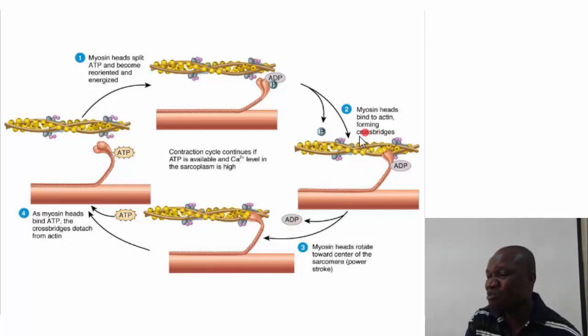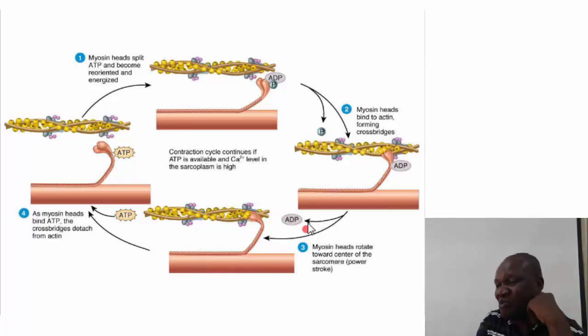During this process, the ADP is released. Even though the ADP is released, the myosin head still attaches to the actin filament. The process where the inorganic phosphate and ADP are released is called the product release.